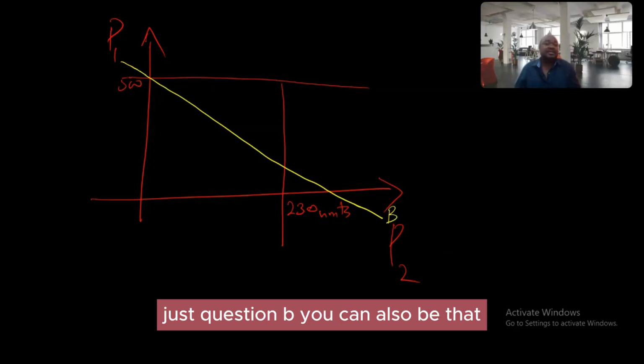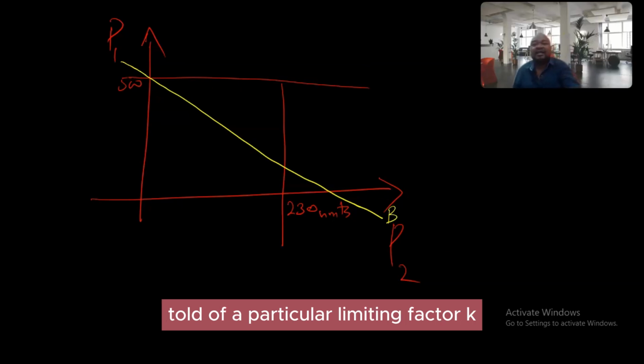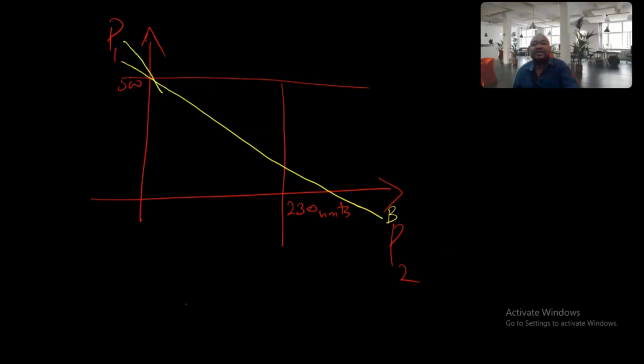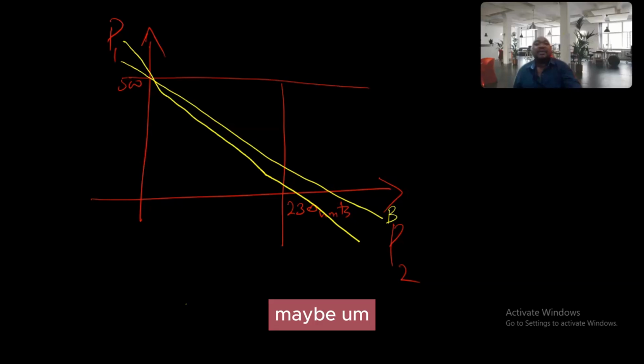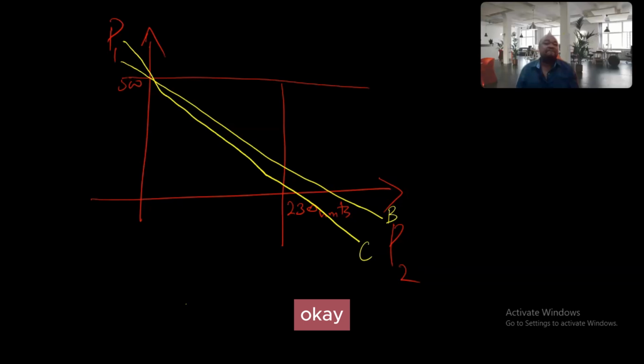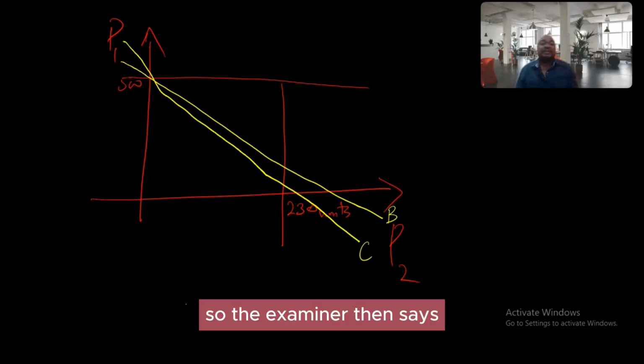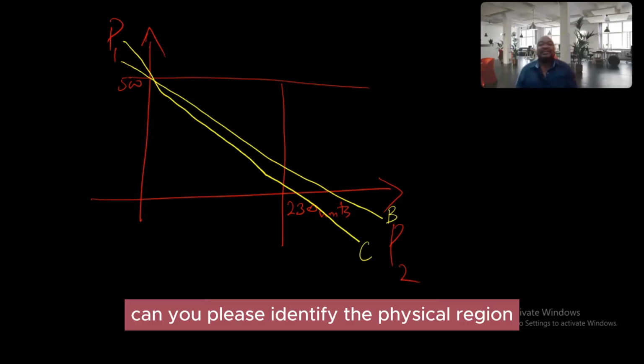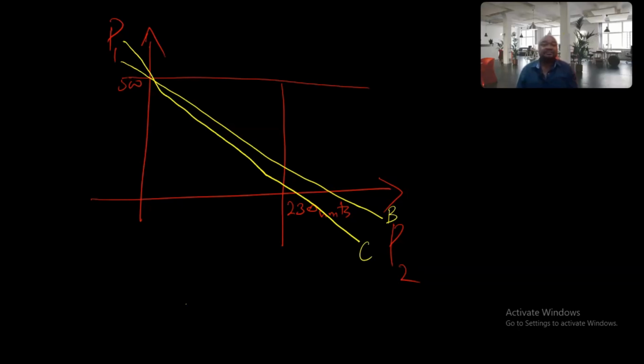Okay, that's constraint B. You can also be then told of a particular limiting factor, maybe limiting factor C. This limiting factor could be material. Okay, so the examiner then says, can you please identify the feasible region?